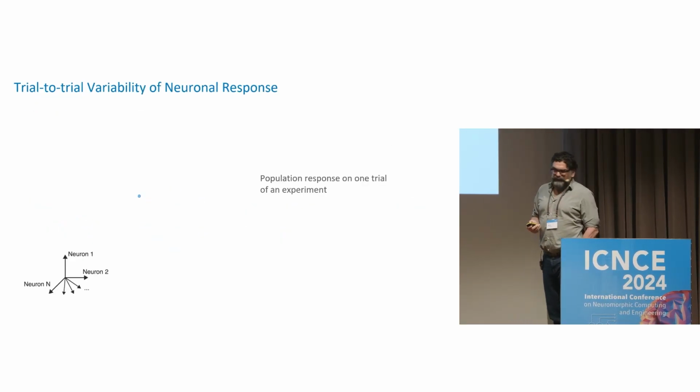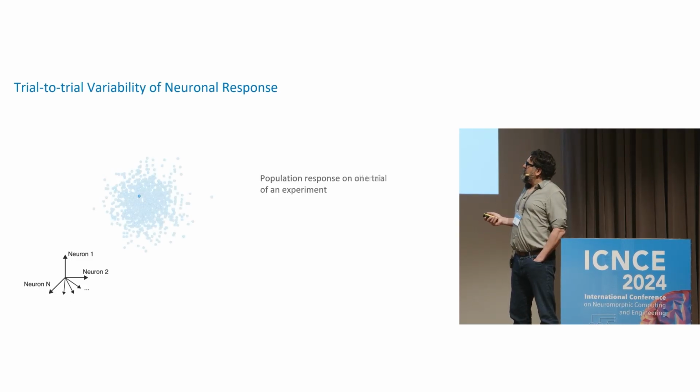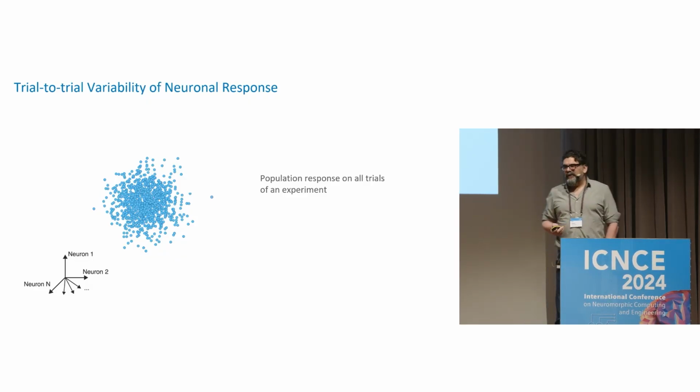Okay, so now we're going to imagine we're giving a stimulus here. This stimulus gives a response in some neuronal space here. So each axis is the firing rate or the activity of a neuron here. We've known for a long time that trial average responses are good to compute, but really if you have a bunch of experiments, the response of the population is quite variable from trial to trial.